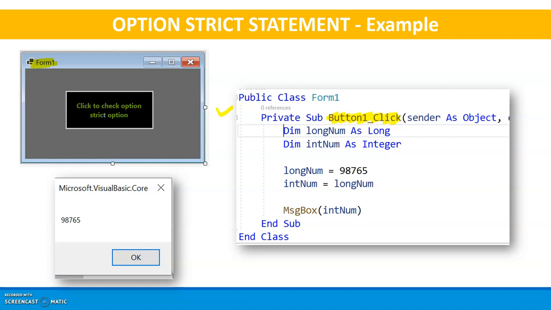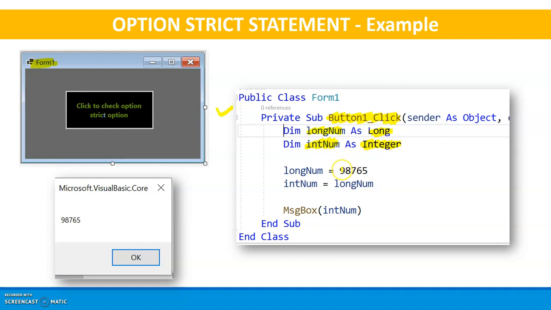What is that code? Here I have taken two variables. One is longNum, for the long variable, and the other variable is intNum, for the integer variable. Now see that here we are assigning the value.